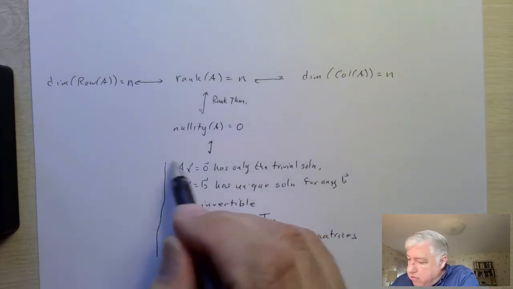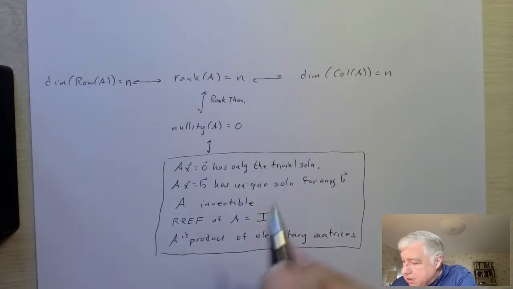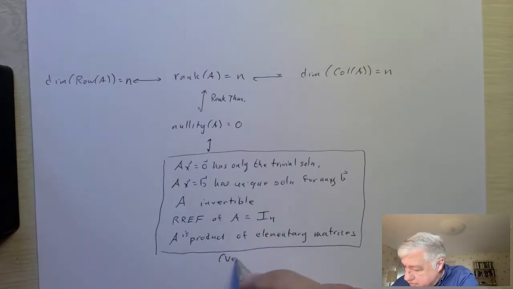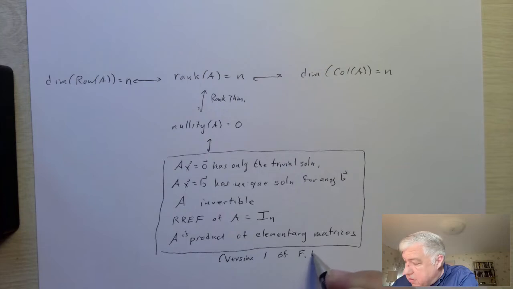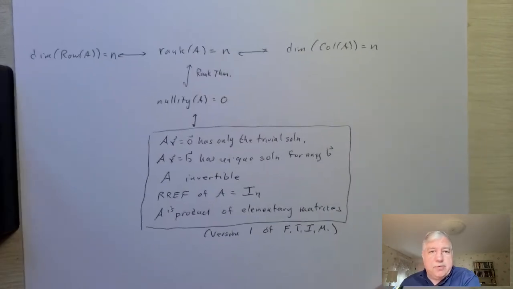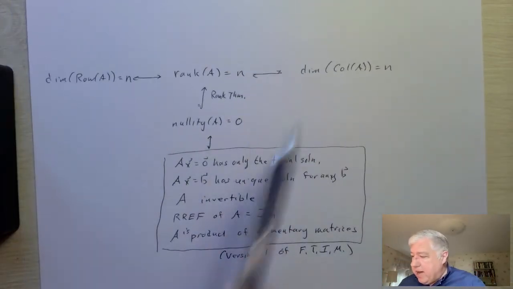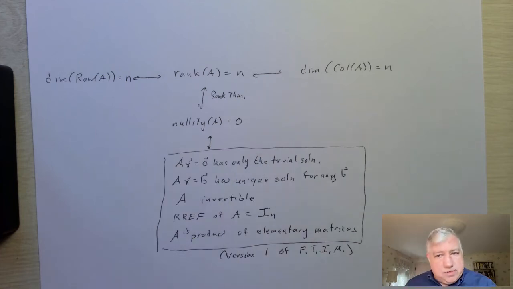So we know from version 1 that all of these are equivalent. This is version 1 of the fundamental theorem of invertible matrices. That's what that stands for. So right now we have 9 statements that are all equivalent. Now I want to add some more.